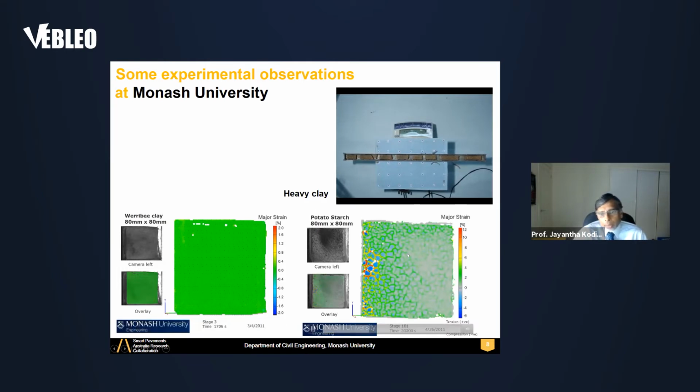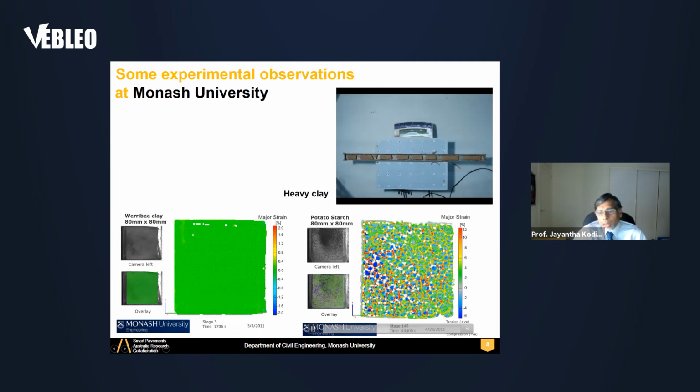On the right-hand side, you see potato starch undergoing drying in a box. Because potato starch has a certain fracture energy and particle size distribution, it undergoes cracking simultaneously and shows a non-orthogonal crack pattern, like hexagonal crack patterns or close to that. So the formation of crack patterns is a function of the particle size and the energy required for cracking.